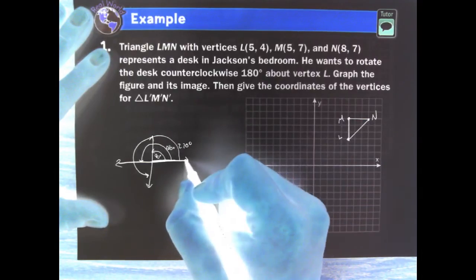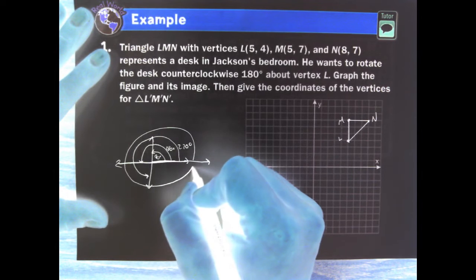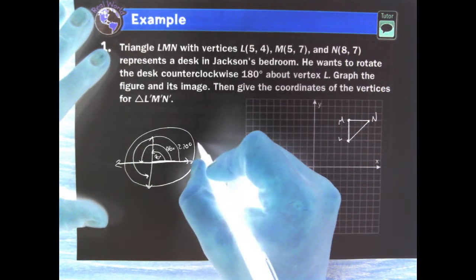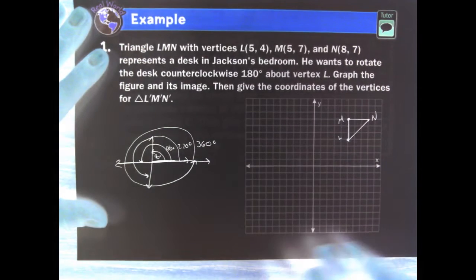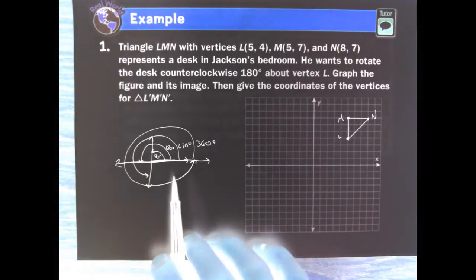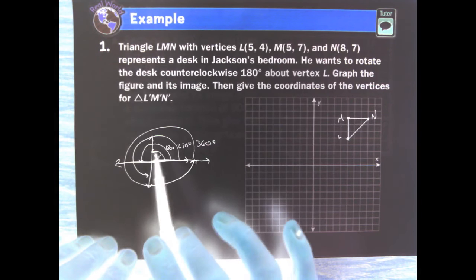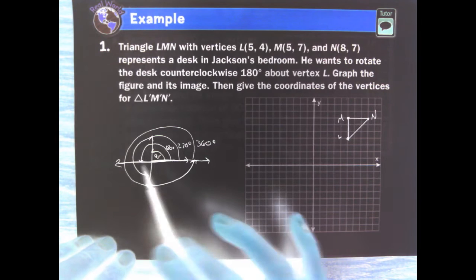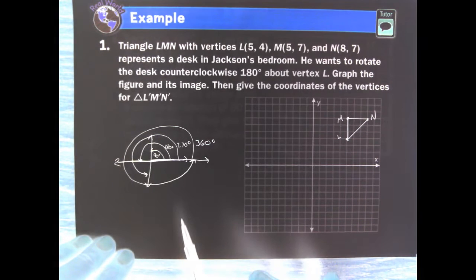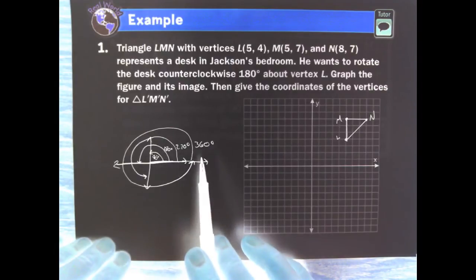And of course we all know, all the way around in a circle, coming right back to where we started, was 360 degrees. So this might be a figure, if I were making a note card, I would definitely put that on my note card. So I remember about how far a 90 degree rotation, 180, 270, and 360. Okay, it's 1/4, half, 3/4, full turn.